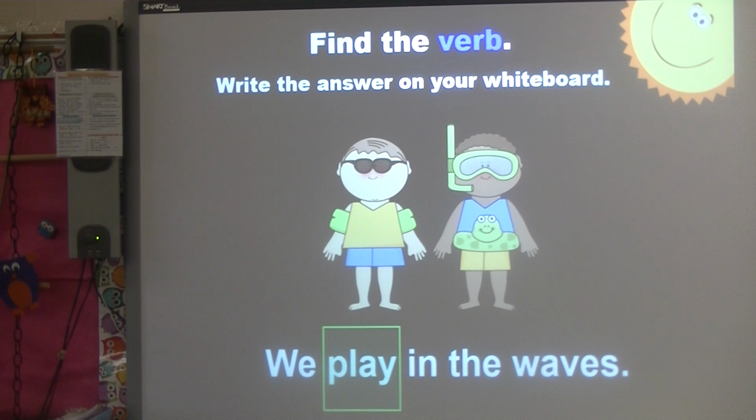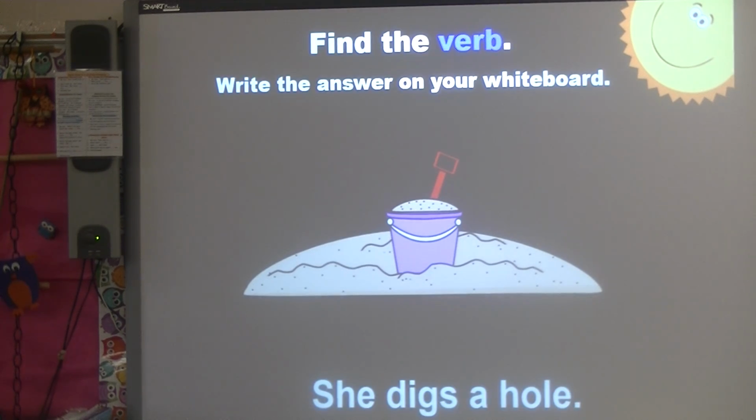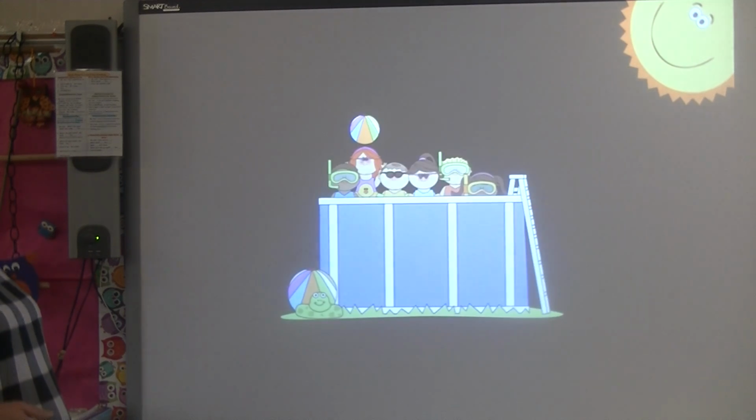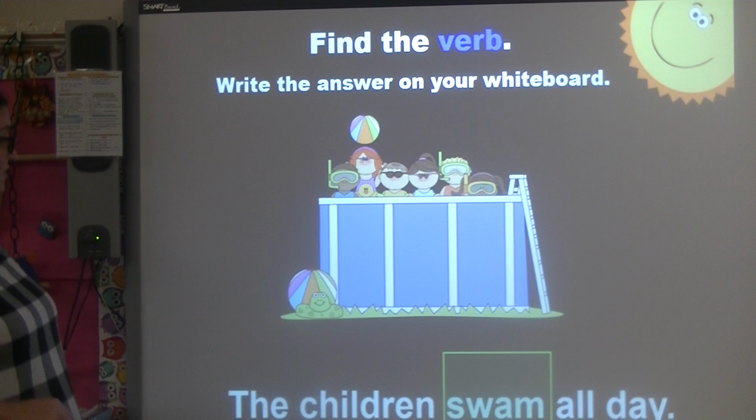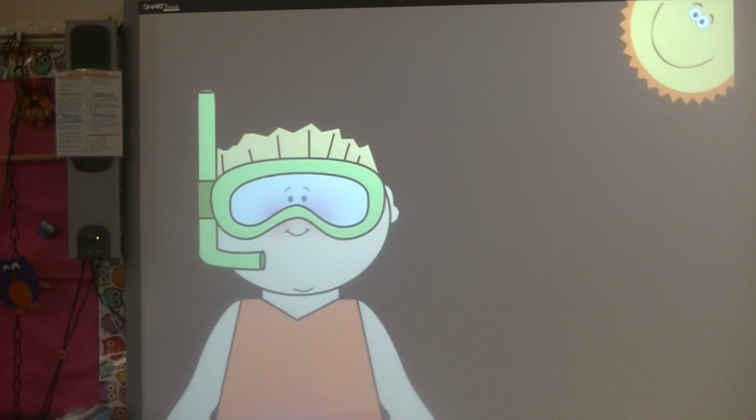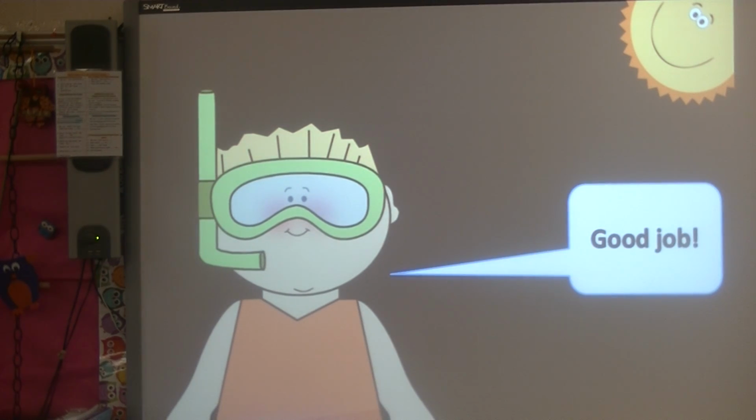It's what you can do. She digs a hole. Name the verb. Digs. The children swam all day. Name the verb. Yes, swam. It tells what the children did. They swam. Good job.